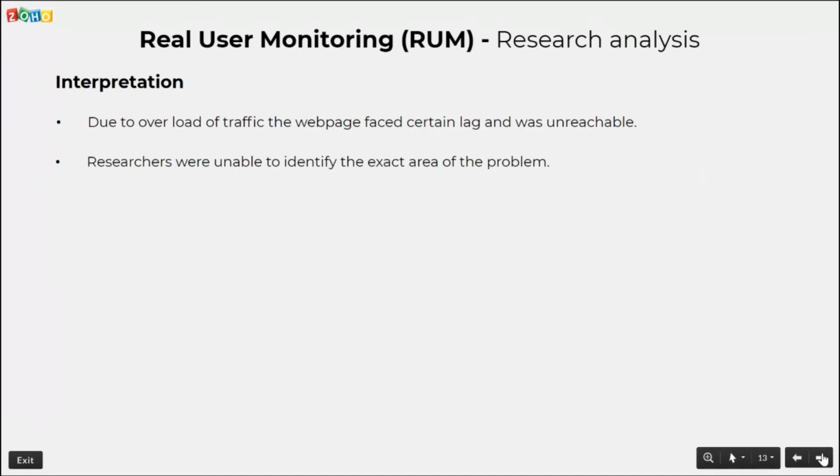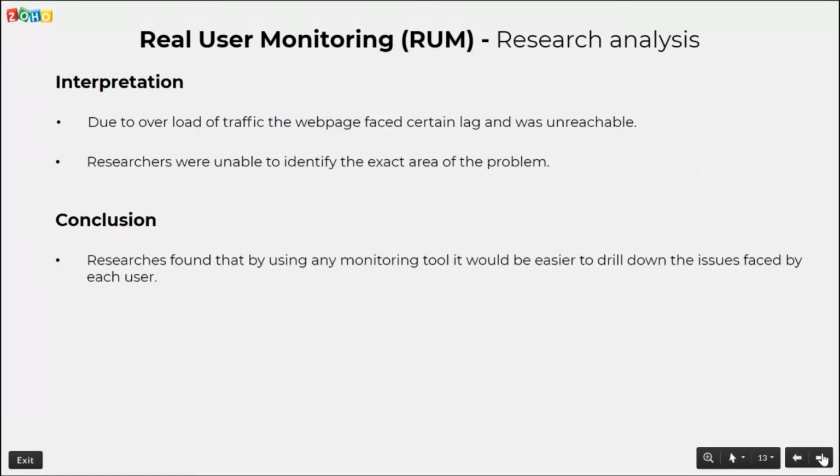Finally, the researchers concluded that with a monitoring tool, it would be easier to drill down the issues. They would also be able to identify errors like syntax, reference, etc.